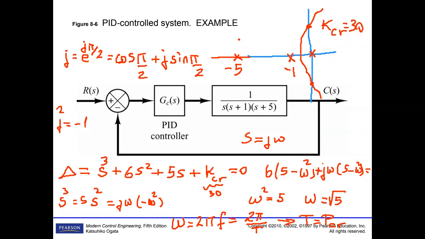And there is a gain if we need it. Where will the gain be? On the lower side. But it will be flipped horizontally.